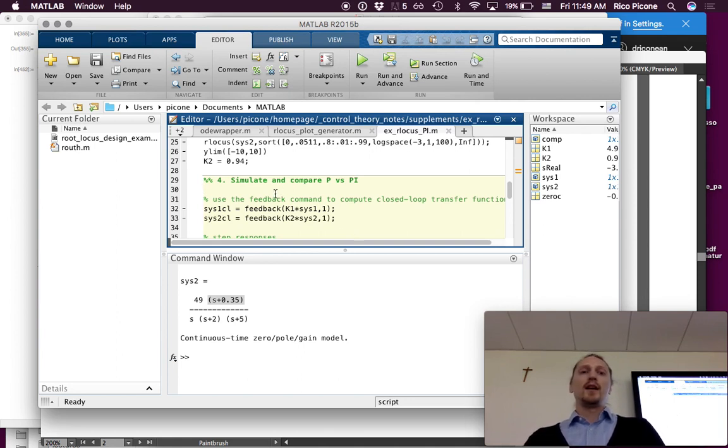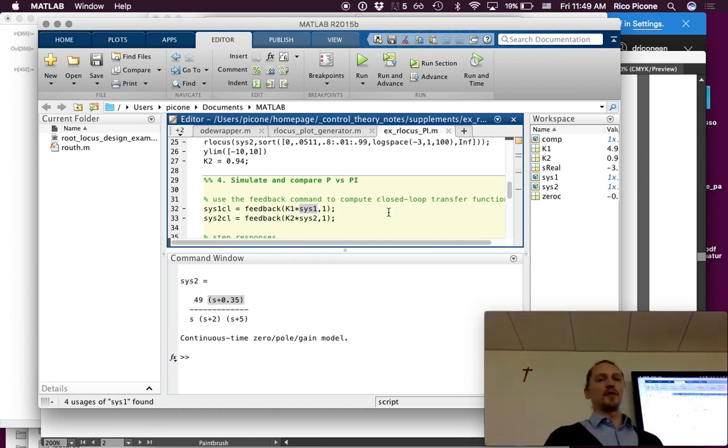So let's find the closed loop transfer functions, which can be found from these two commands, essentially just saying that the system 1 is the open loop transfer function with just the plant in it, and our first gain that we found, and then doing the feedback g over 1 plus g.